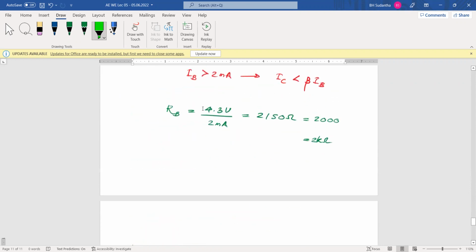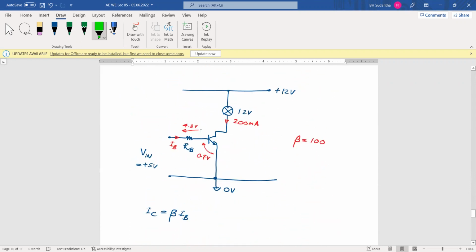Then when we have this arrangement, you can consider this as a switch. Then transistor is working as a switch. When we provide positive voltage, you can turn on it and you can turn on the bulb. And when you provide 0 volts there, you can turn off the transistor.